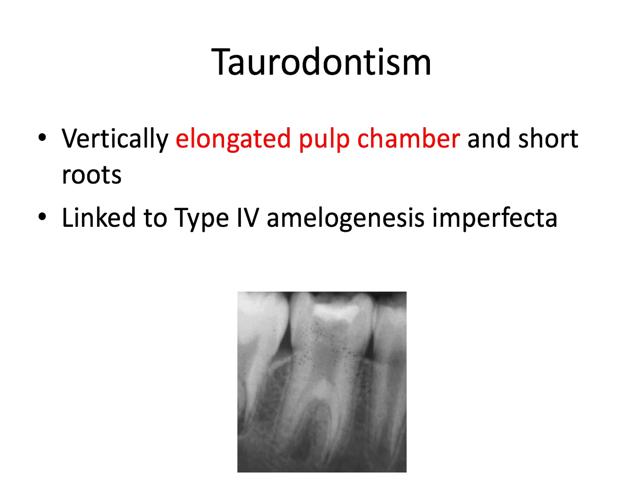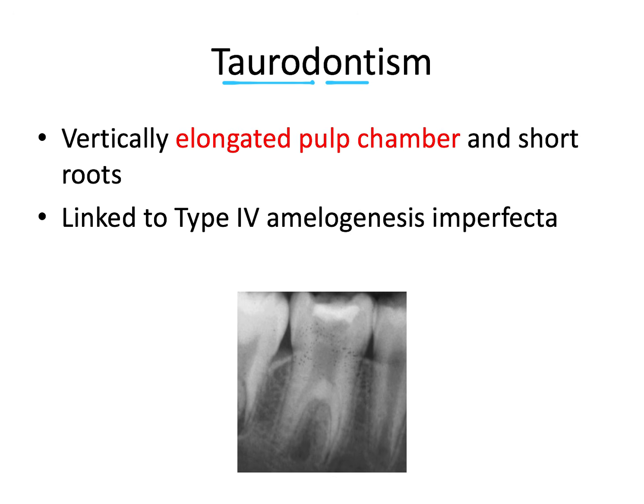All right, next we have Taurodontism. Tauro meaning bull, dont again meaning tooth. So perhaps this looks more like a cow's or bull's tooth. And Taurodontism involves a vertically elongated pulp chamber and short roots as a consequence.